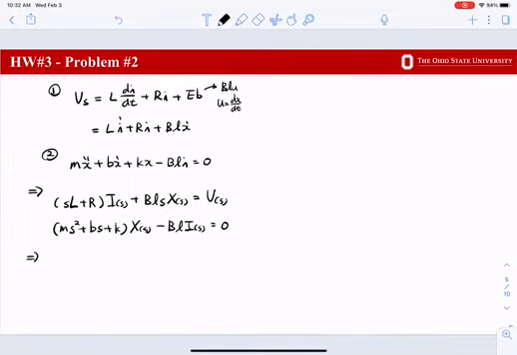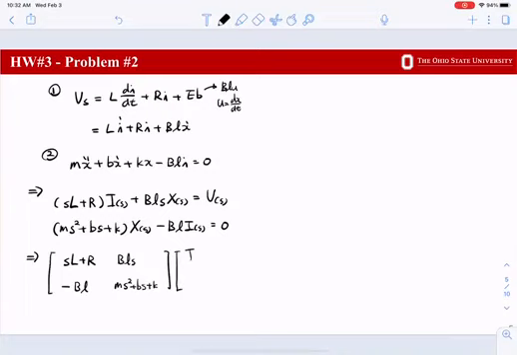To express this in matrix form, you get sL plus R, BLs; minus BL, ms squared plus bs plus k, times I(s) and X(s), equal to Vs and 0.